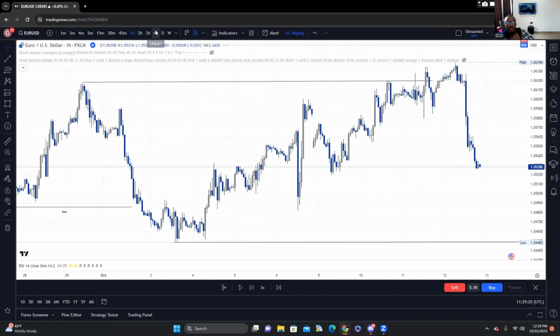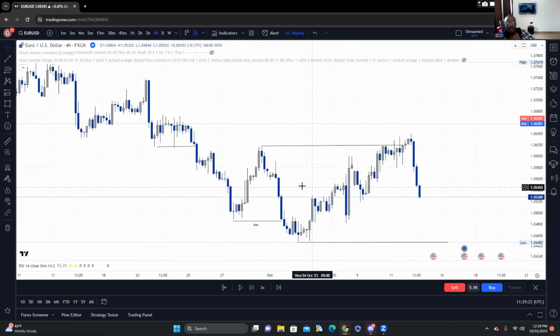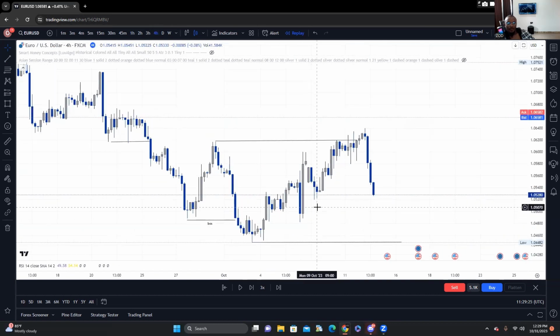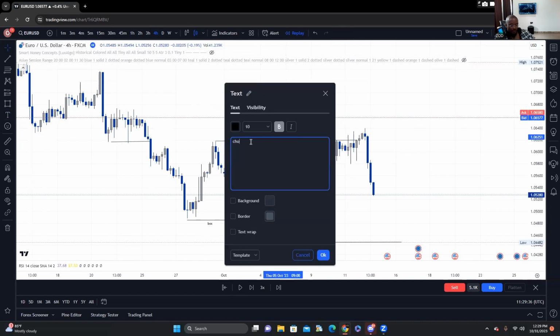So back to our 4-hour time frame, what you want to do now is find out the demand zone that caused the change of character, because right here the character has moved from a bearish order flow to a bullish order flow.